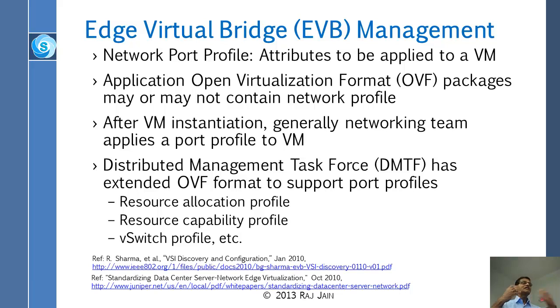For each VM there is a disk that you attach, give it to the server and say, okay, here it is, start a Linux, start a VM, Windows 7. Those OVF files may not have the network profile in them, because when the OVFs were written, they didn't know what kind of network I would have. After VM instantiation, generally the networking team applies a port profile to the VM.